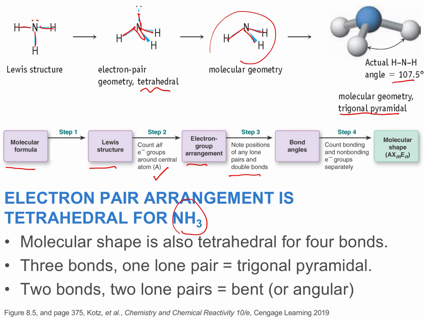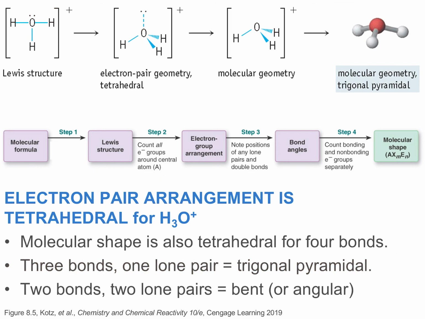They're a little smaller because of this big lone pair pushing all of these hydrogens a little closer together. So this is an example where we have a molecule with 4 regions of electron density around the central atom, but 3 of those are in bonds and 1 is a lone pair. So the molecular shape is trigonal pyramidal.